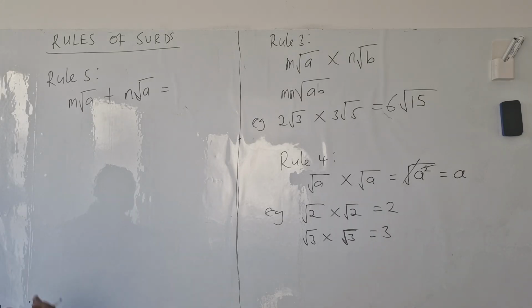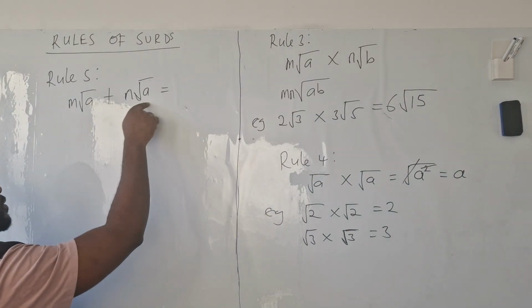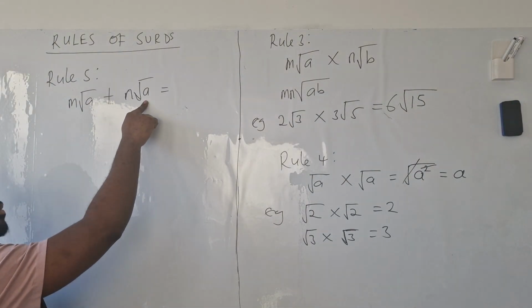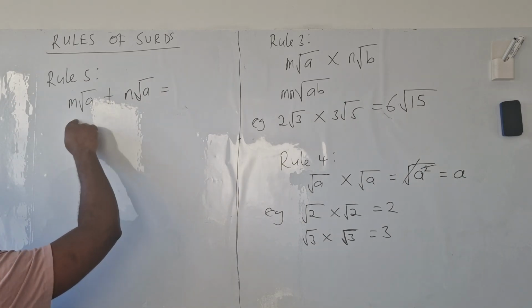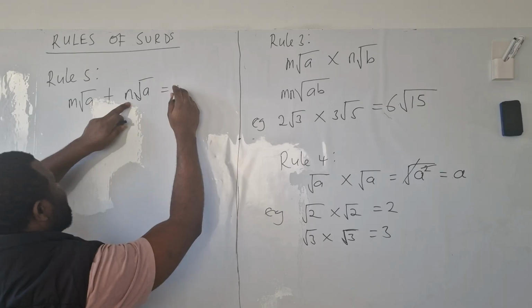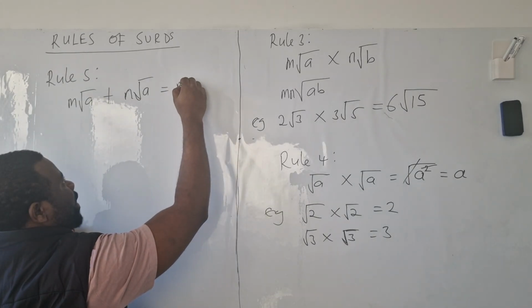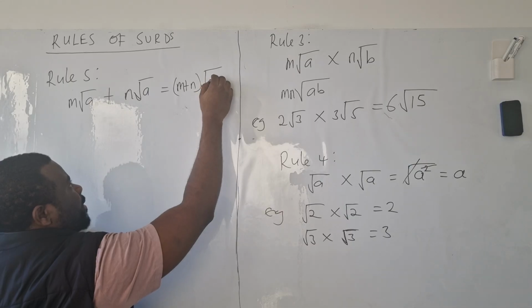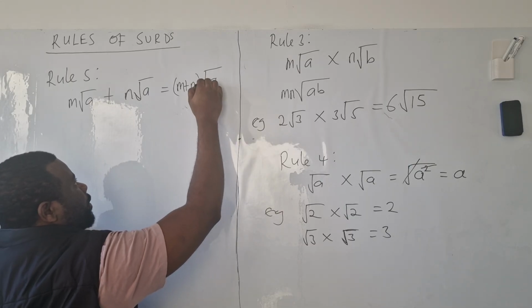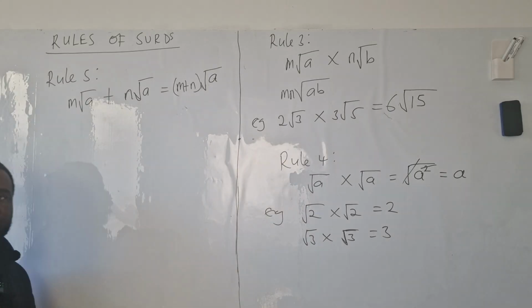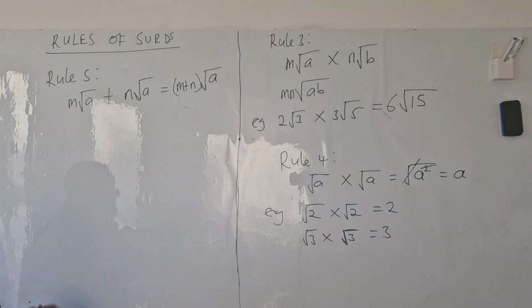That is how we add like surds. That would be m plus n, add the coefficients together, m plus n. Then we take one of the like surds. So that is how we add like surds together. I think this is not difficult.